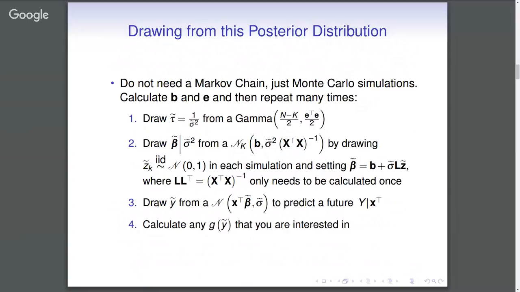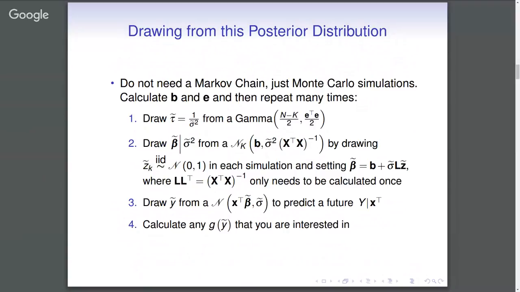Step 4 is optional, but if you're interested in some function of the outcome, which you often are, you can evaluate that function, which I've just arbitrarily called g. And then you go back to step 1 and do the whole thing over and over again, maybe thousands of times. This is actually pretty efficient, so you could do it a million times and it wouldn't take very long.